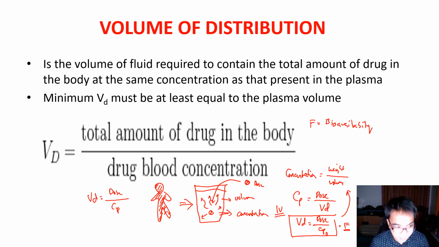Actually, pwede rin naman sa intravascular yun eh. Kasi ang F mo for an IV would be 1. Pero ano pa ang sense ko na ilagay ko dito yung 1? Pareho lang naman yun. Okay, wala namang magiging significant effect yun sa equation ko, right? So, hindi ko na sinusulat madalas yun. Alright? Pero kung extravascular yan, di syempre 0.9, 0.8, so magkakaroon ng significant effect yun sa equation. Okay? So, yun. That's that.